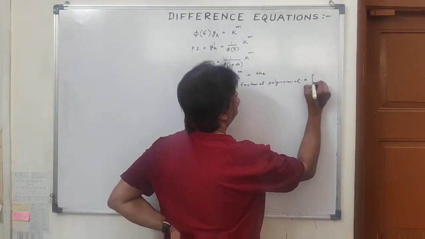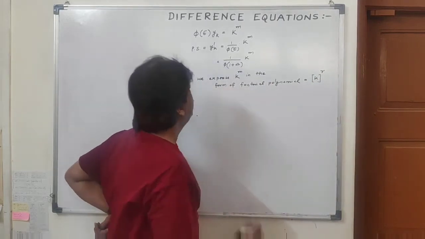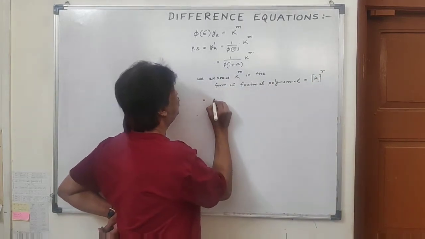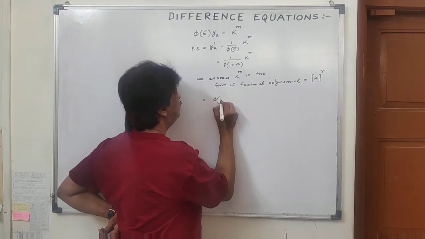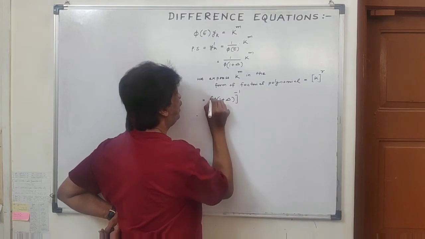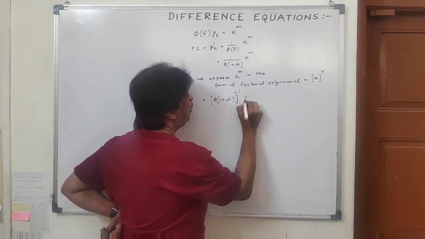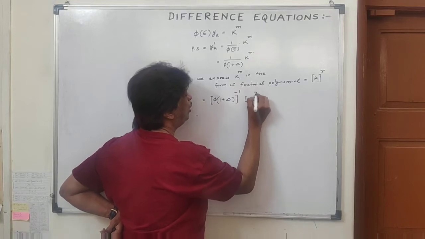Say k raised to power i. This is a factorial polynomial. Then that is equal to phi of 1 plus delta raised to power minus 1 corresponding to k raised to power i, this in terms of factorial polynomial.